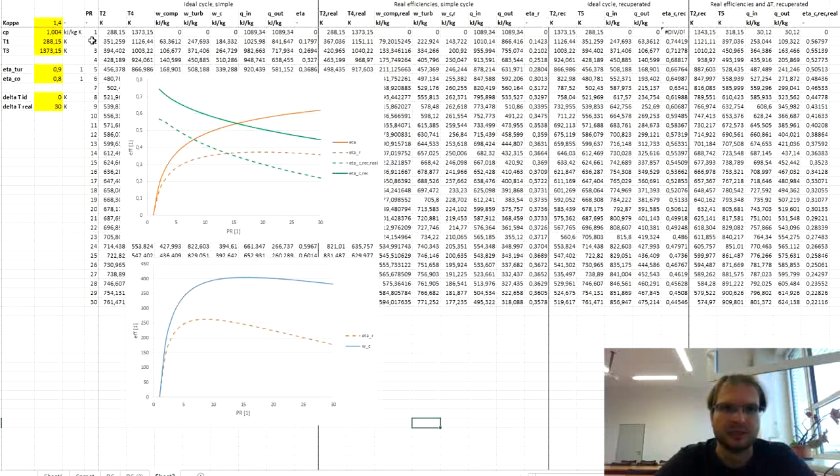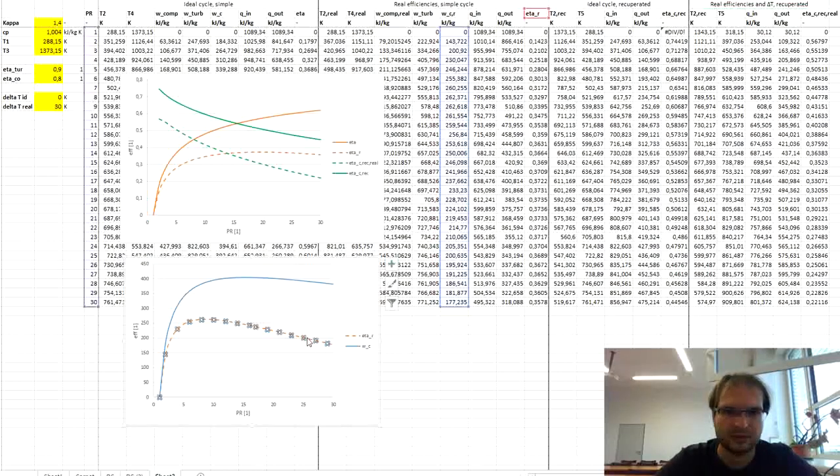Let's have a look at the parameters of the cycle that we calculated as a function of the pressure ratio. We had the simple cycle in ideal form and with real efficiencies of the components already calculated before, and now we added the ideal cycle with recuperation and recuperated cycle with real efficiencies of the components and actual temperature difference. So let's have a look at the parameters as the efficiency and the work.